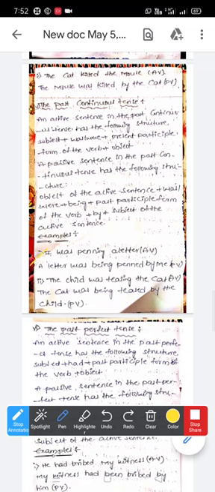First example of the past continuous tense: I was penning a letter. Penning means writing. This is the active form. And then changing into passive: a letter was being penned by me.